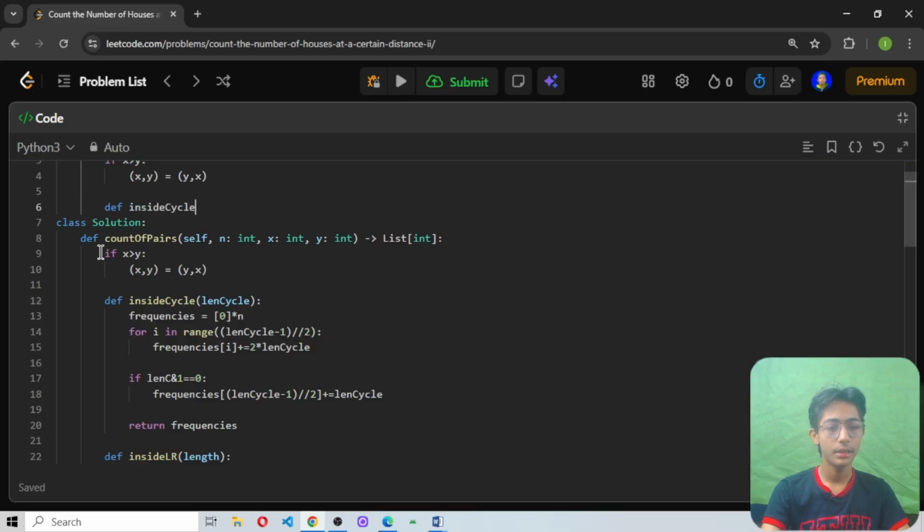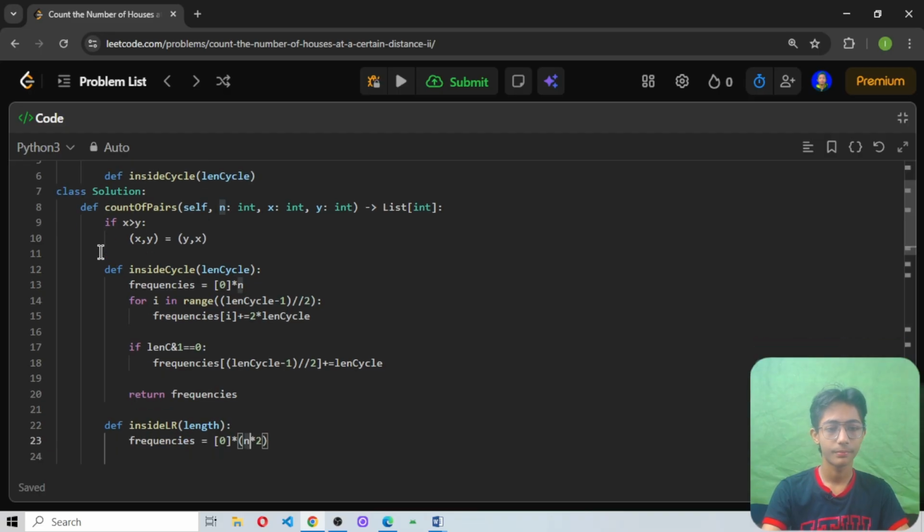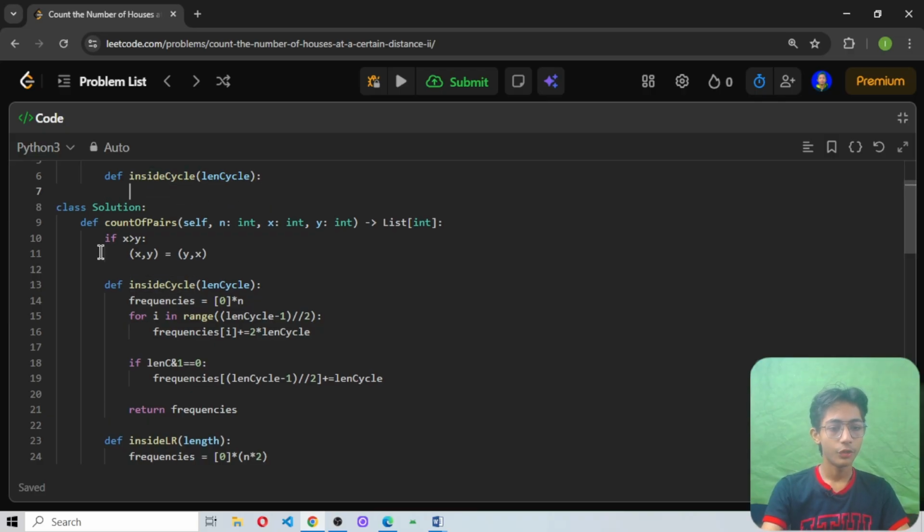Inside cycle, we define length cycle. Frequencies equals to 0 multiplied by n.